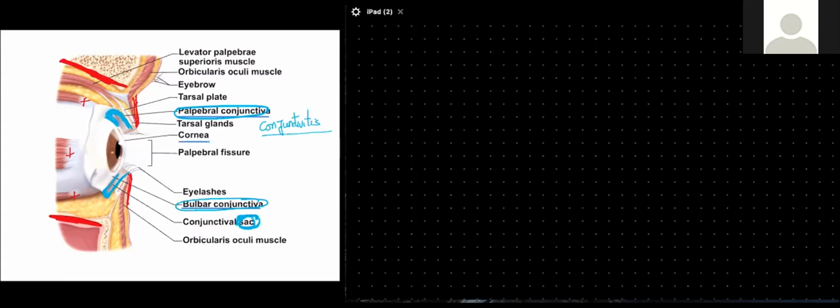It's going to be to release the mucus secretions that will be lubricating the eye from outside and reduce the friction between the eyelid and the eyeball, preventing the formation of ulceration to the cornea, for example.